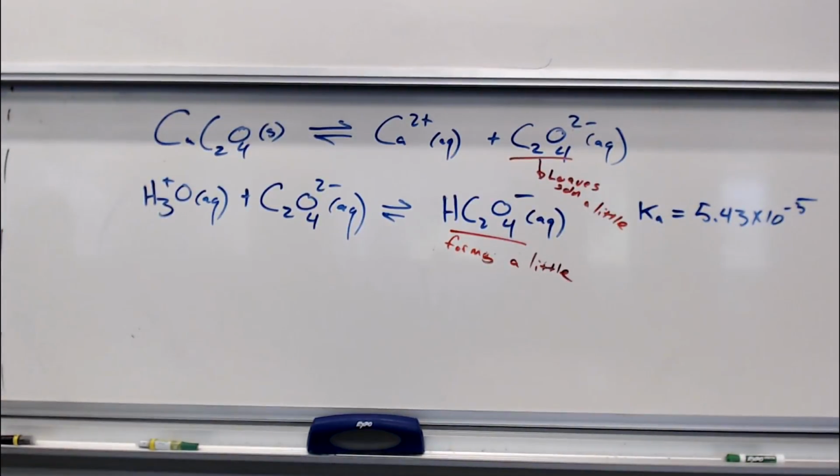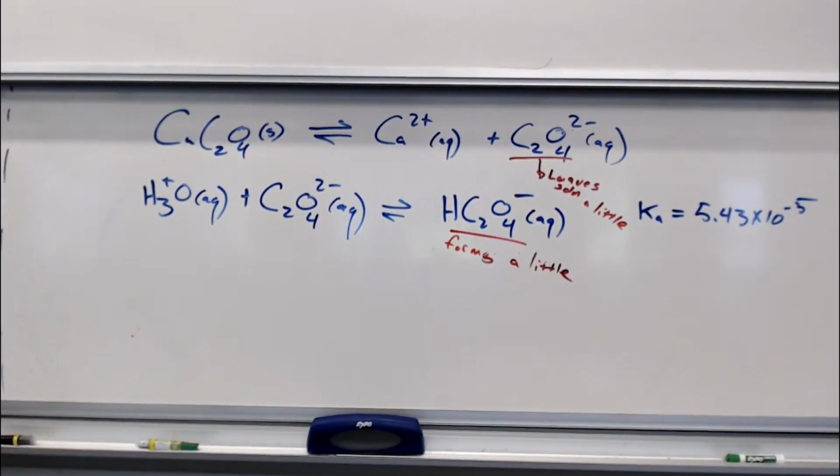We go on, we look at part C. Part C gives us a starting amount of material. We start with calcium oxalate, we add acid. We ask how much oxalate ends up in solution. The most common mistake was the mole ratio and forming all of the oxalic acid, even though I say it's monoprotic.